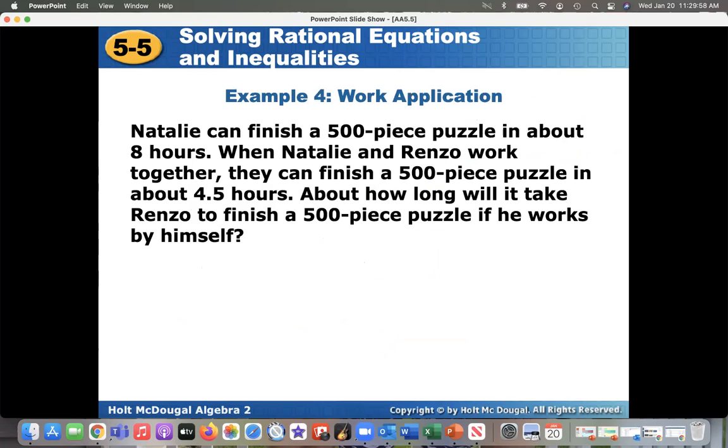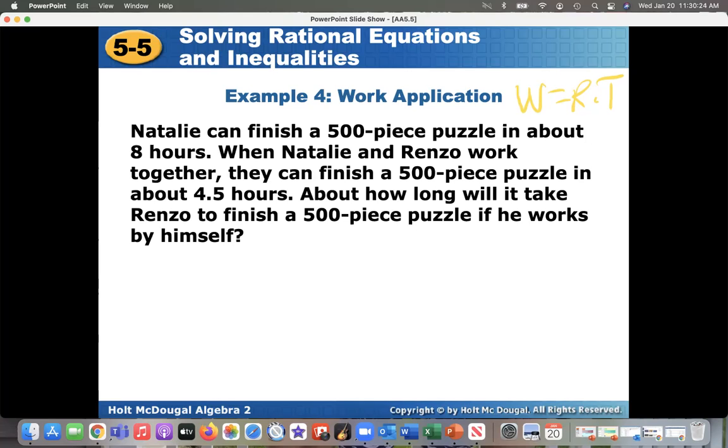All right, here's another application. Now, this is a work application. Now, instead of distance, we're going to say work equals rate times time. All right. It says Natalie can finish a 500-piece puzzle in about 8 hours. When Natalie and Renzo work together, they can finish the 500-piece puzzle in about 4.5 hours.